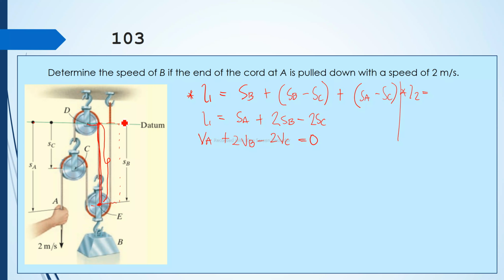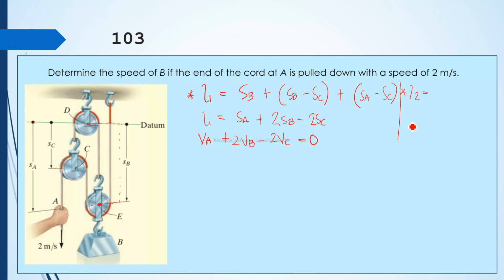Even though this part is not part of the cord, we need it because this whole length also changes as these objects are moving.